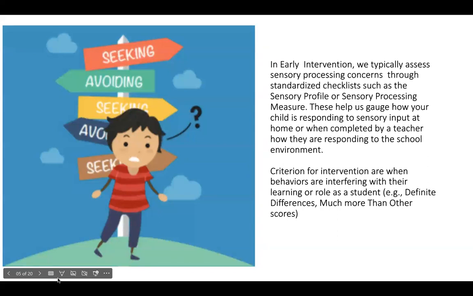It really helps us gauge how the child's responding to sensory input at home or in their classroom. And then we can look at, in comparison to peers, is there a definite difference, or is it pretty much a typical response to that sensory system?